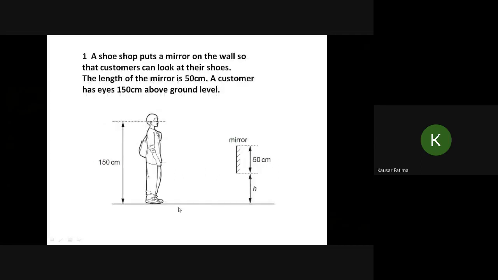It means the ray from the shoes should strike the mirror and enter the eye of the person. Sorry, not the lower part, they will be striking the upper part. So this is 50, means this will be 25 centimeter, because 75 centimeter length is needed.